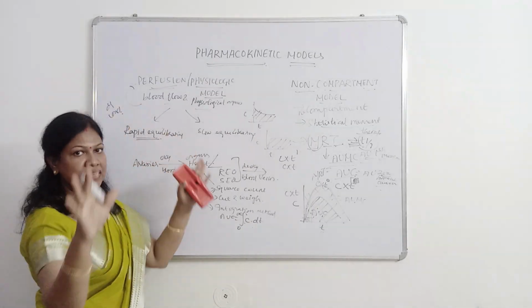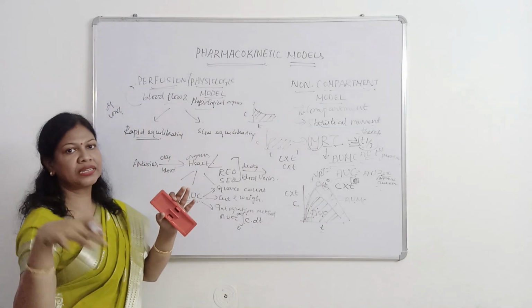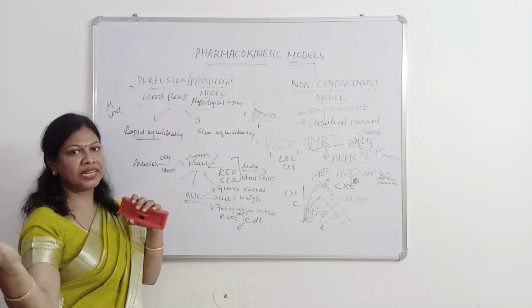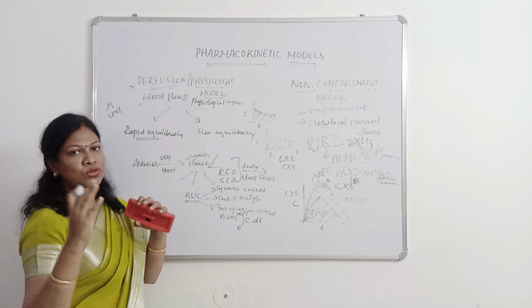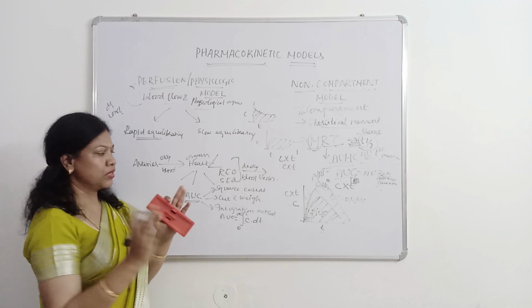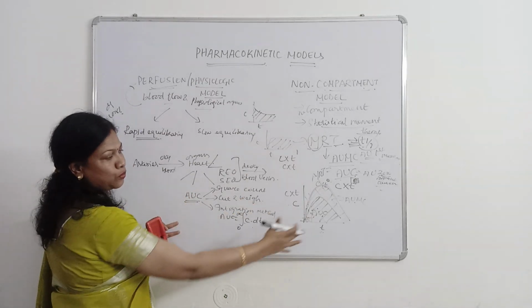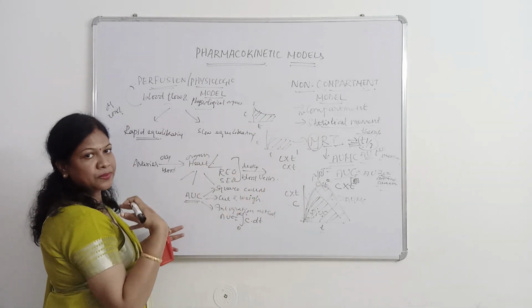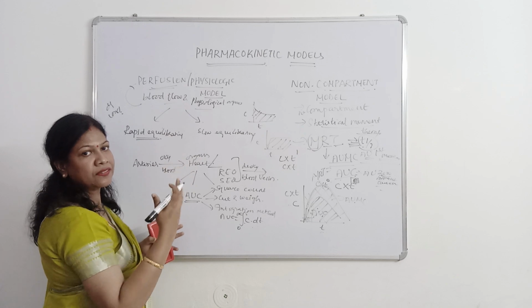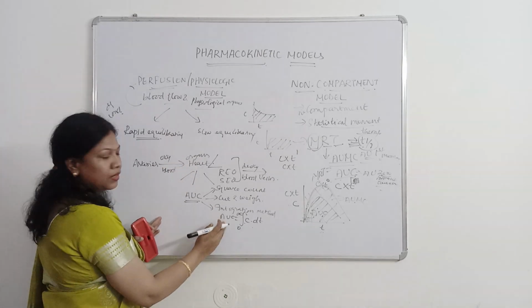We integrate concentration with respect to time from 0 to infinite time, and that is called AUC. In this way, integrating the whole concentration with respect to time from 0 to infinity, you can also get the AUC.